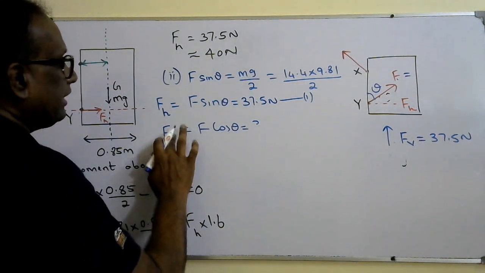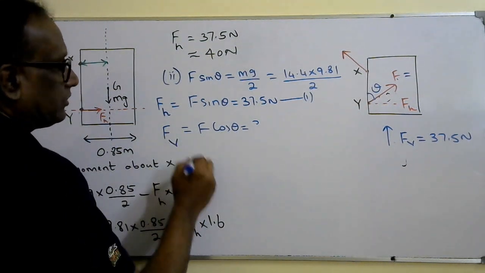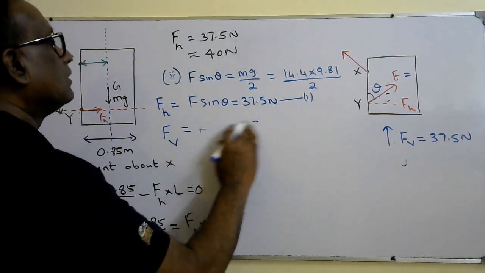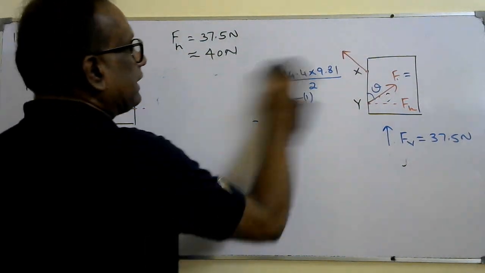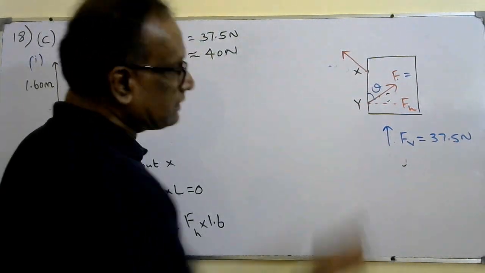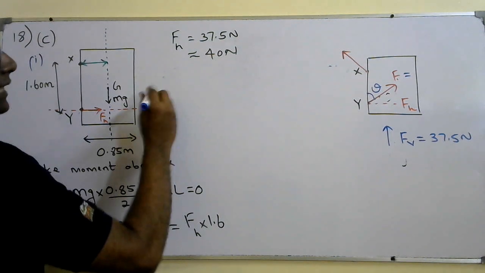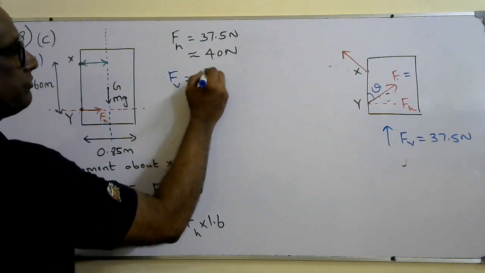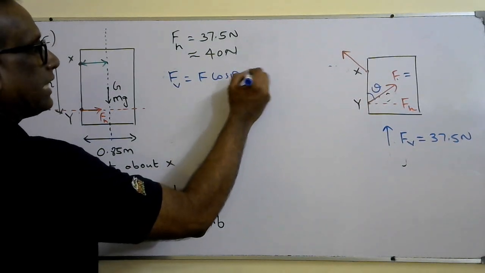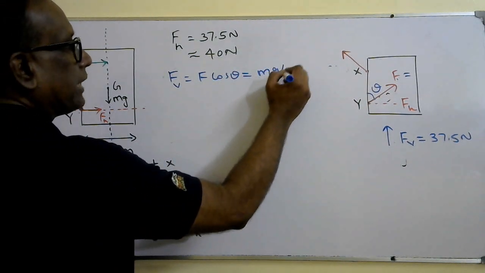Now Fv, the vertical component. I had to change everything, I put theta the wrong way. Theta is measured with the normal, so sorry, that's going to be F cos theta. Fv equals F cos theta equals mg by 2.